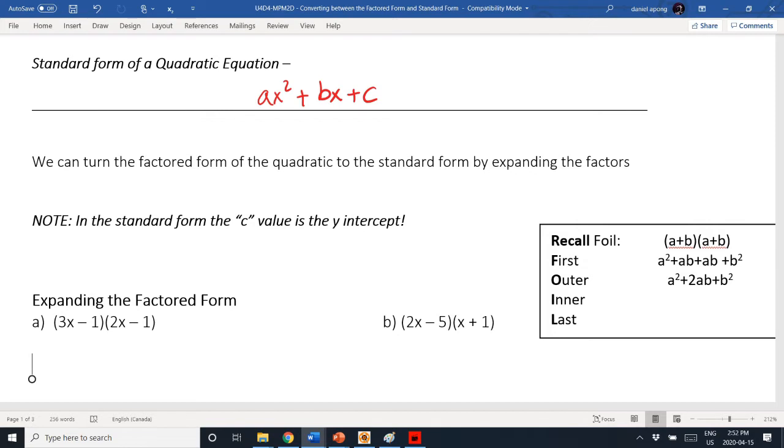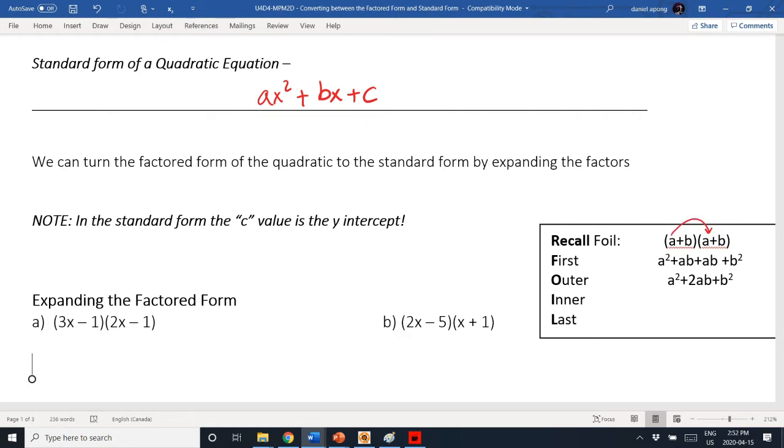Let's begin with some examples, expanding the factored form. Recall, when expanding the factored form, we use the method known as FOIL. FOIL stands for first, outer, inner, and last. For example, we multiply the first in each bracket, so a times a, we get a squared.